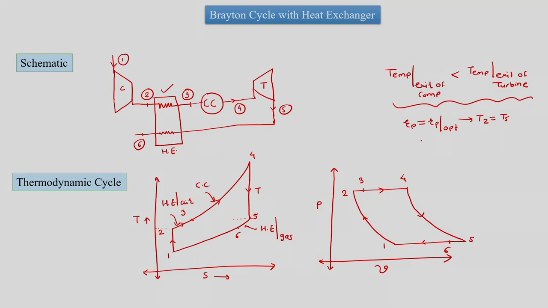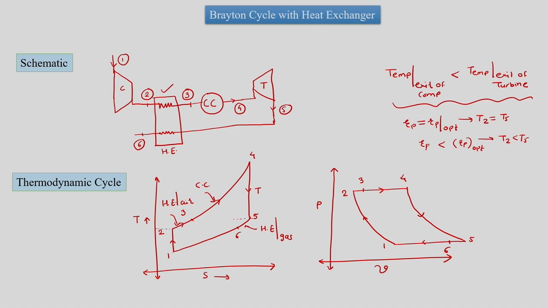Since this remains the constraint, we should work at pressure ratios lower than the optimum Rp, and those pressure ratios lead to T2 being less than T5, and then we can implement the heat exchanger. This is what we should remember as the constraint to implement the heat exchanger.